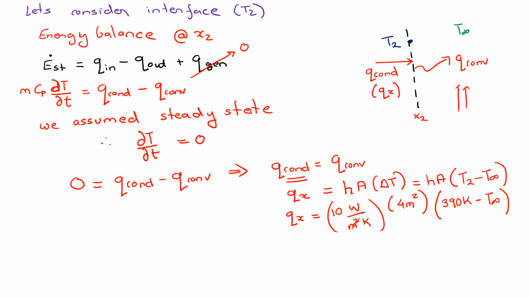So our meter square cancels out, and Kelvin will cancel out eventually. And so our temperature T infinity will be 306 Kelvin, which is approximately 33 degrees Celsius.